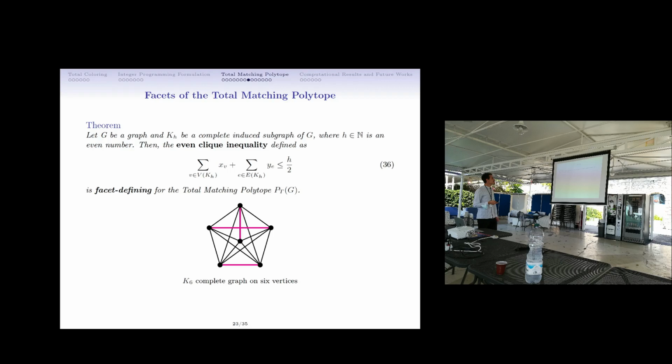We have proved this theorem here: let G be a graph and KH a complete induced subgraph of G, where H is an even number. Then the even clique inequalities, that are complete graphs in this way, can be seen as this valid inequality here, and are always facet defining for the total matching polytope itself.